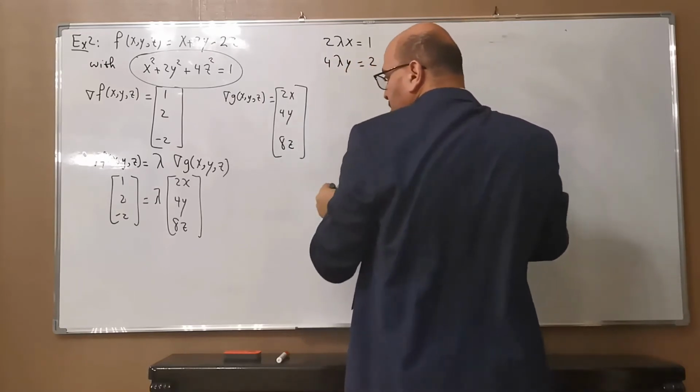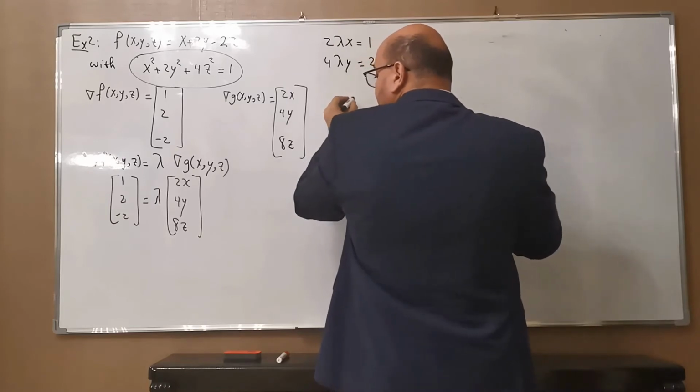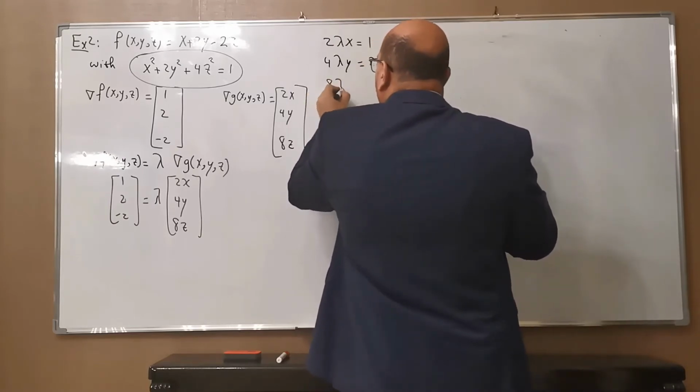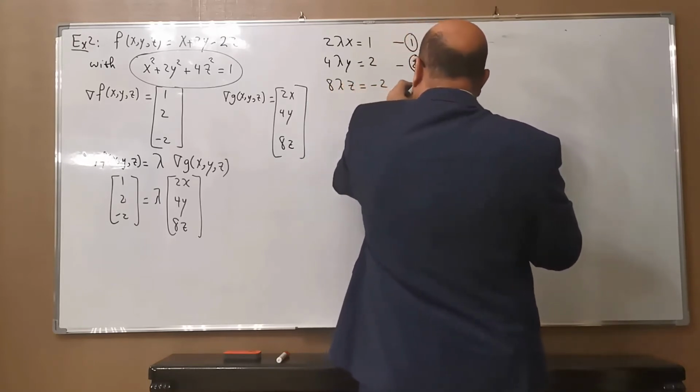The third equation says 8 lambda z is equal to minus 2.